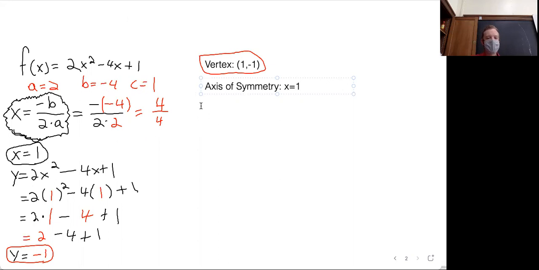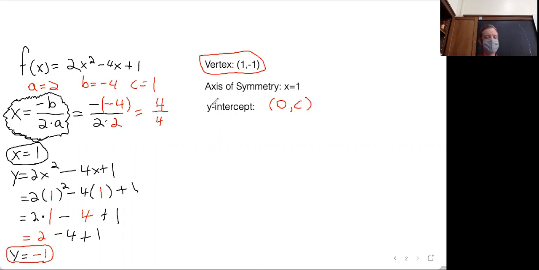So next up, we need to find our y-intercept. For the most part, I am not going to actually plug in the zeros here because it's a bit unnecessary. The y-intercept is always going to be 0, c.